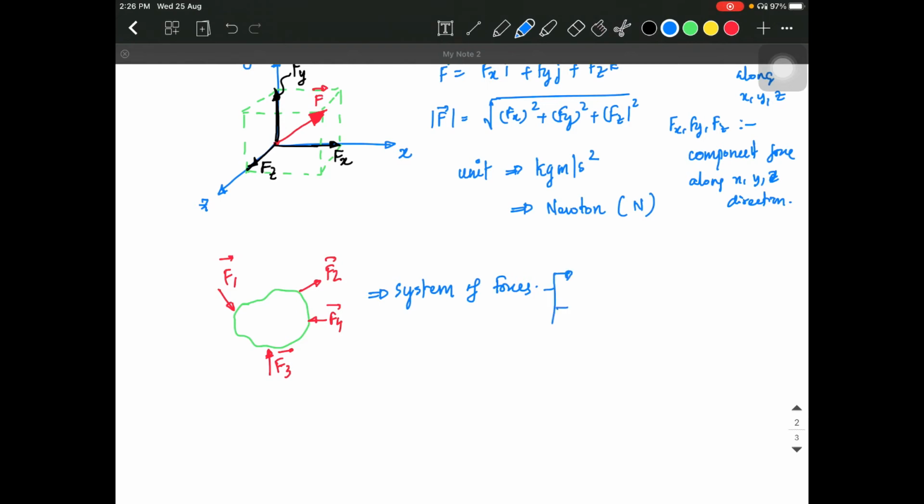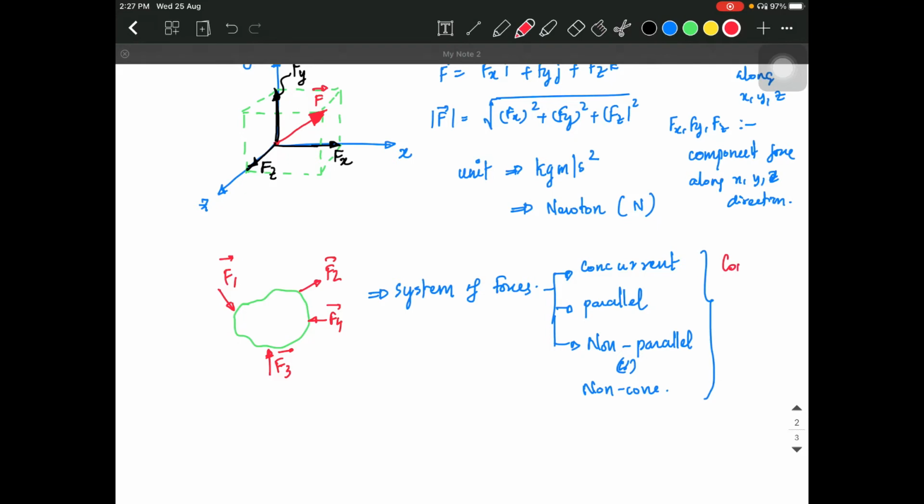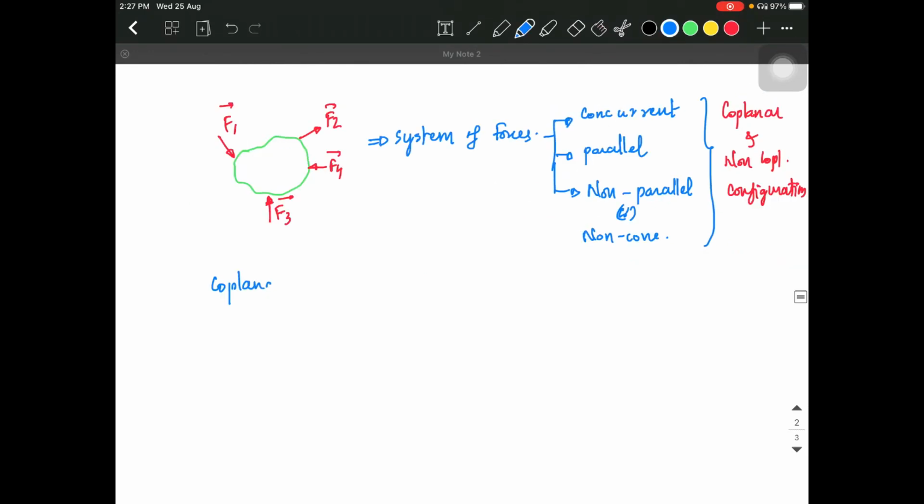Generally we have three types of system of forces: concurrent system of forces, parallel system of forces, and non-parallel and non-concurrent system of forces. These three types occur for both coplanar and non-coplanar configurations.